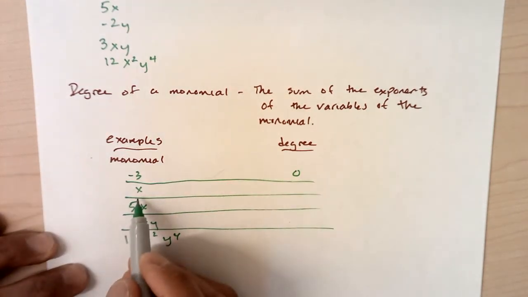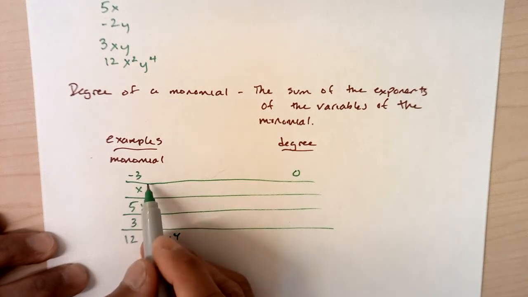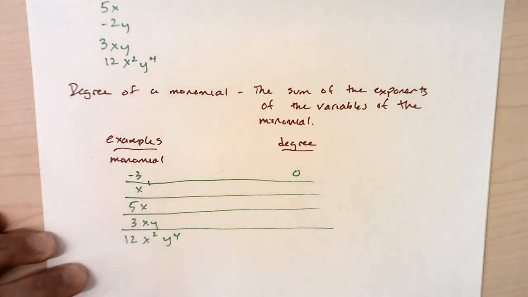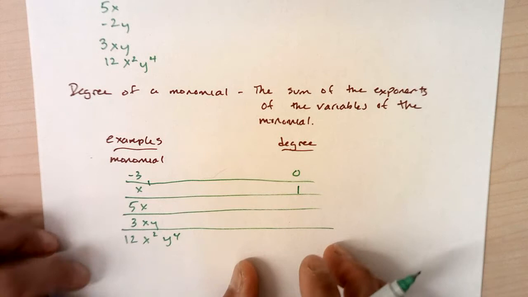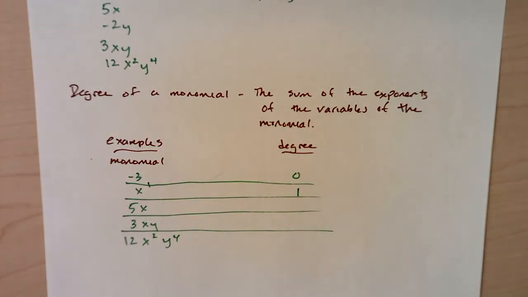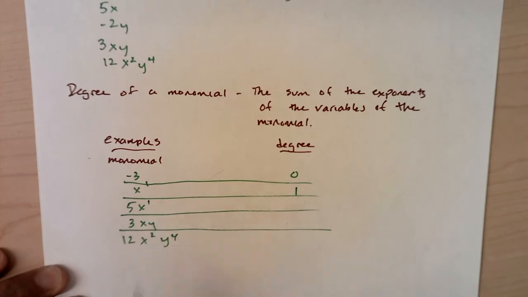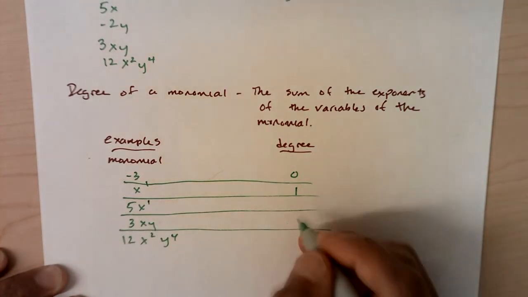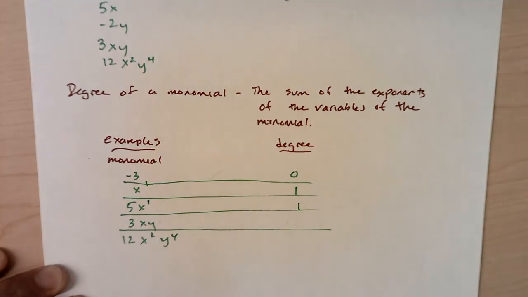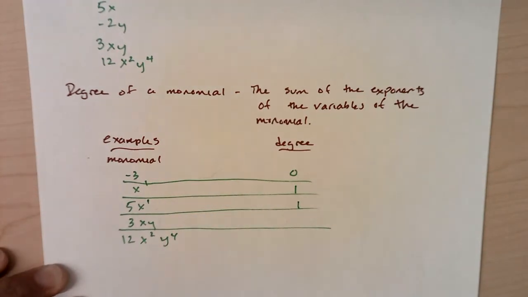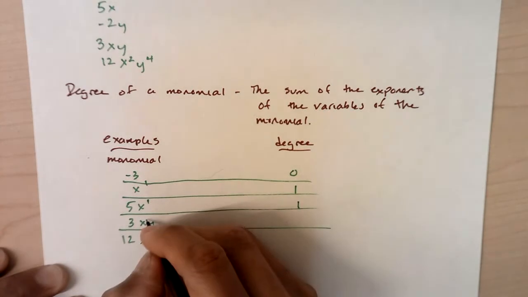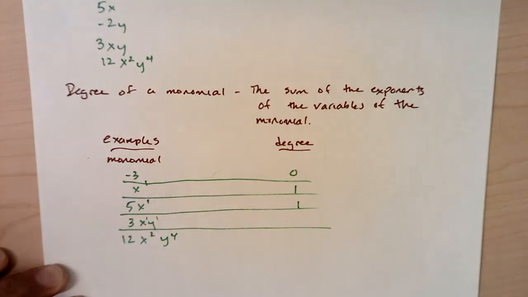If I just have a variable x, remember there's an implied exponent of 1 here. So the degree is 1. That's also called a linear monomial. If it's 5x, even though there's a constant here, I just take a look at the variable. The implied exponent is 1, so the degree would be 1. And then if I have a monomial that's 3xy, remember x is to the first power, y is to the first power.